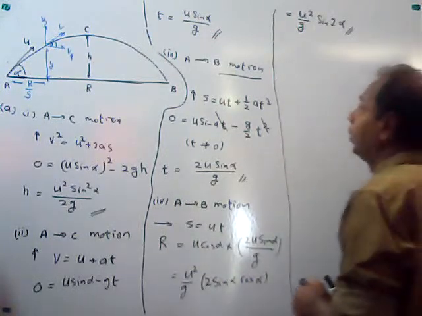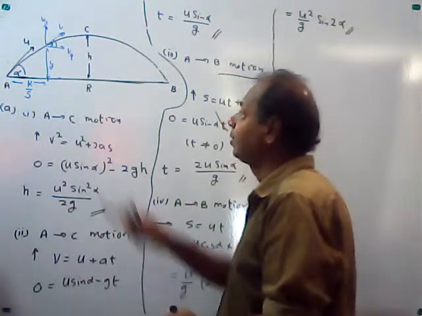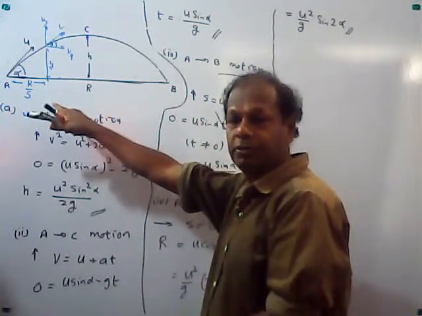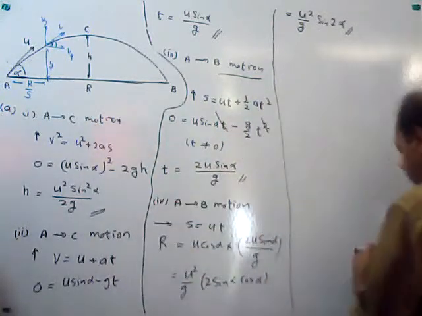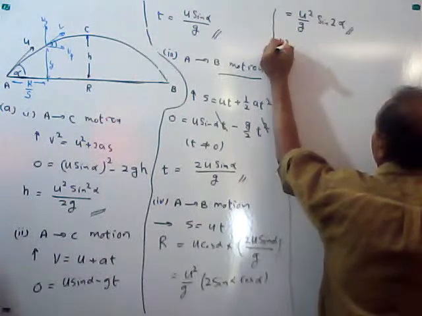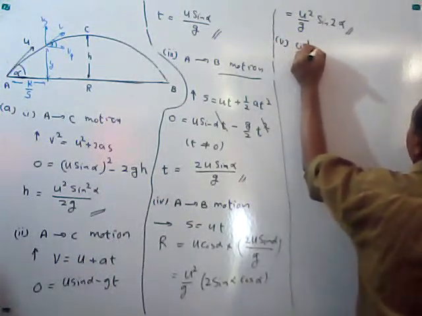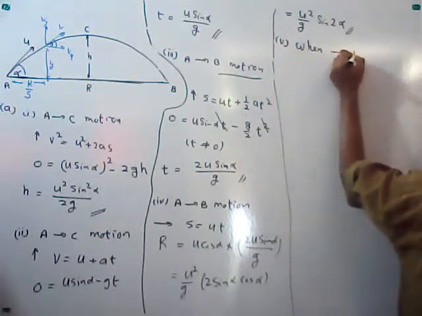So, as the horizontal displacement is R over 5, that's part 5.